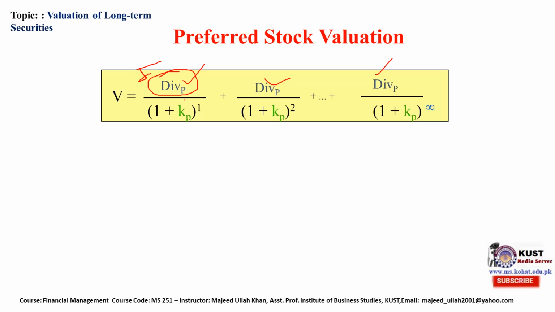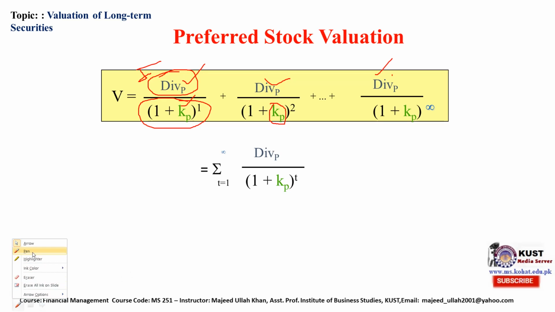So we will discount its first dividend with the required rate of return of the preferred shareholder. We will discount the second year dividend with the required rate of return for this preferred shareholder risk level. We will discount this value till infinity. Now, if we expand this formula, t is equal to 1 we get this amount, t is equal to 2 we get this amount, t is equal to 3 we get this amount, till infinity.